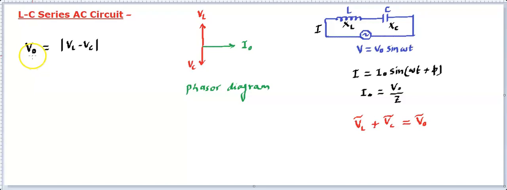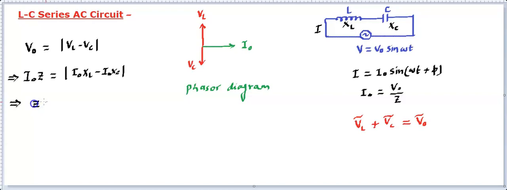Now as far as the values are concerned, you can say this V naught is equal to I naught into Z, that's the impedance. And that is equal to I naught XL minus I naught XC. Now you can cancel out I naught from both sides.